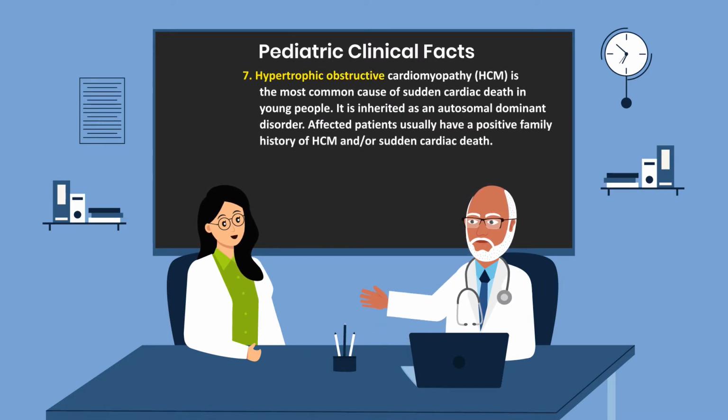Hypertrophic obstructive cardiomyopathy is the most common cause of sudden cardiac death in young people. It is inherited as an autosomal dominant disorder. Affected patients usually have a positive family history of hypertrophic cardiomyopathy and/or sudden cardiac death.